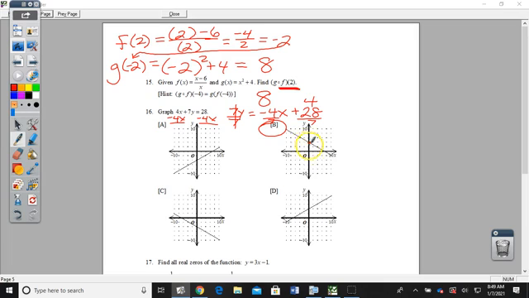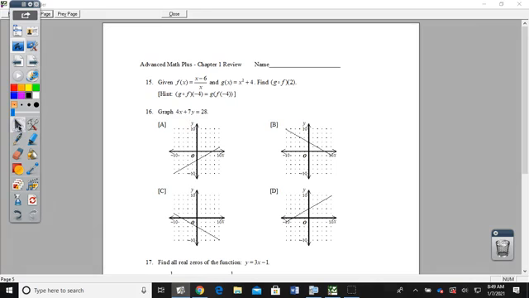And I would go down to 4 and right 7. 2, 4, 6, 7. And it's on there. Okay? But thankfully, the test will be just like the review, just different numbers. So you're not going to have a bunch of lines like that for your answers. Okay?